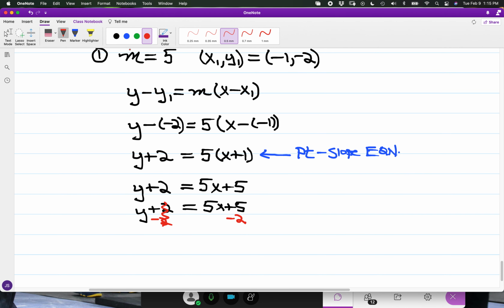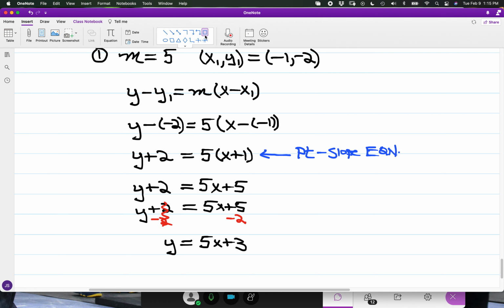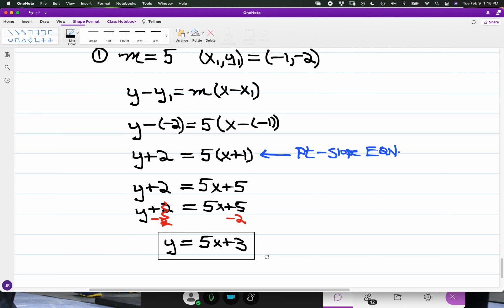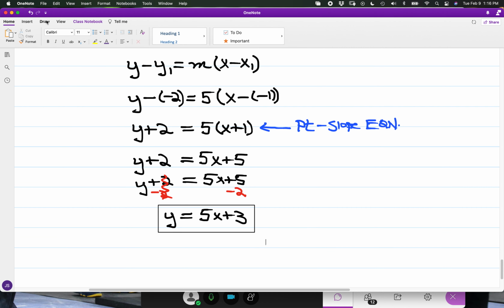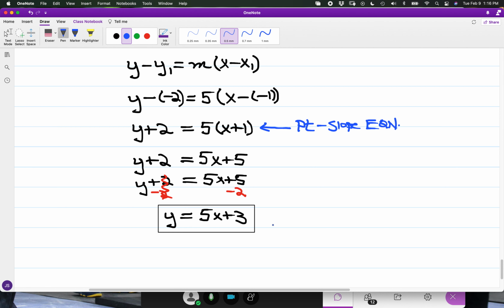And so we're going to have that y is equal to 5x plus 3. And for this particular part, this outcome, again, that is going to be the slope-intercept equation.